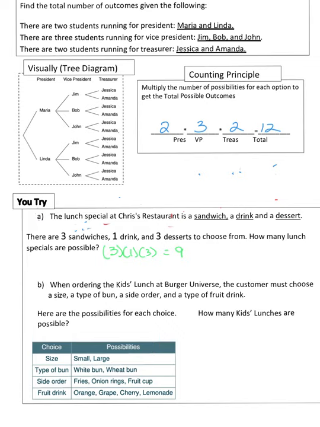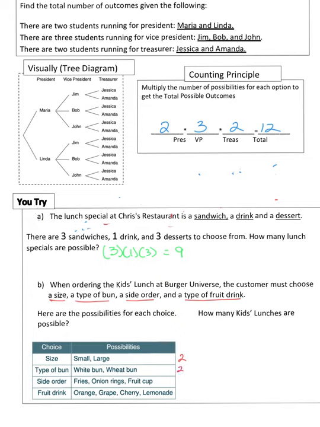All right, let's look at B. When ordering the kids' lunch at Burger Universe, the customer must choose a size. I'm going to get a different color. Got to choose a size, type of bun, side order, and type of fruit drink. I underlined them so I could keep track of how many things I have. So now we're going to use the chart. How many sizes are there? 2. How many types of bun? 2.